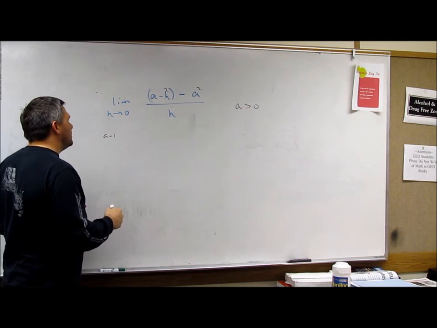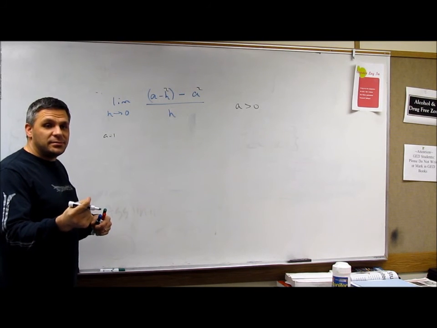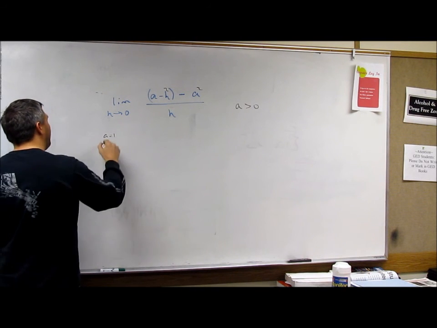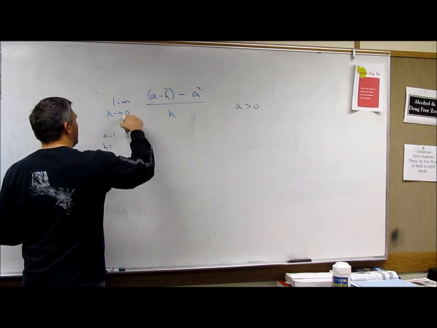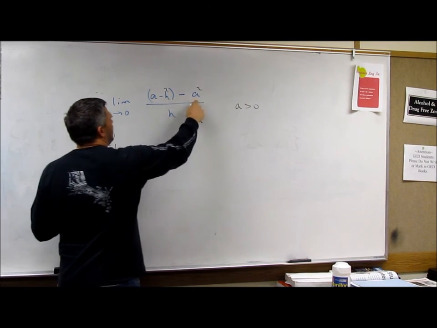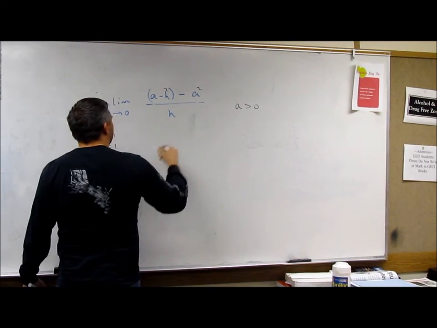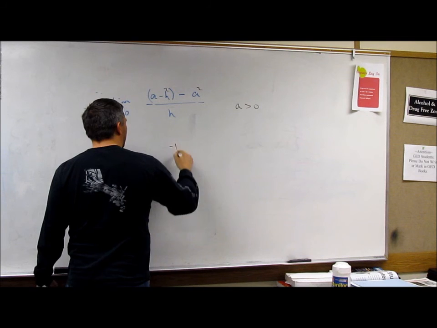Well, H is approaching 0, so let's let it be 1, because that's close to 0, right? Because its limit is 0. So when H is 1, is anything changing really? No. This function is going to equal -1.